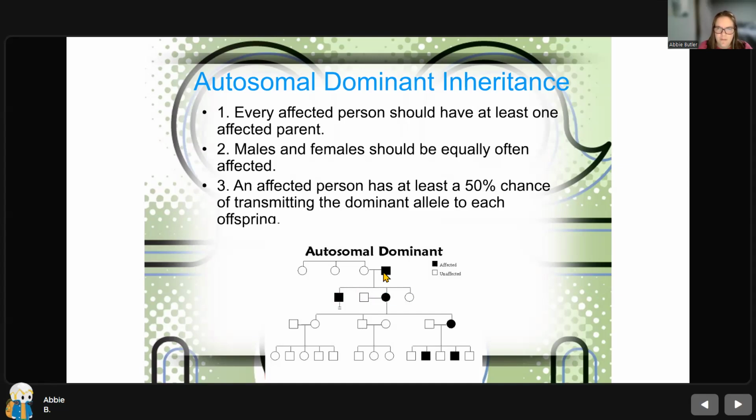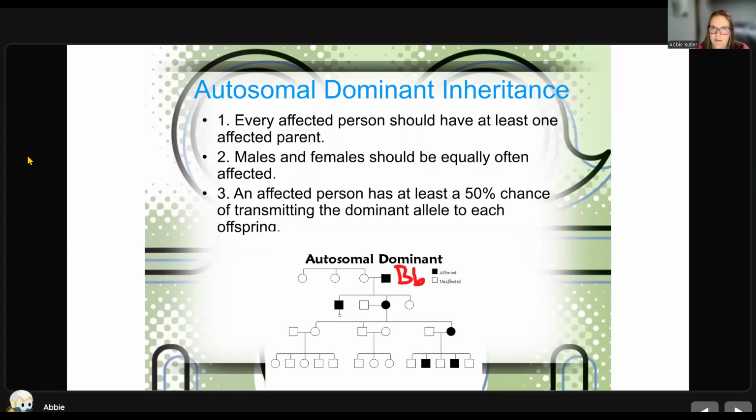The shaded-in square on the top row here in generation 1, this male, this is the dad. His genes would be either big B, big B or big B, little b. Based on his children, we're able to decide that he's big B little b, because he's married and his wife is little b.